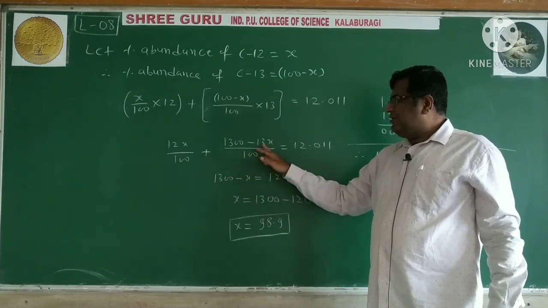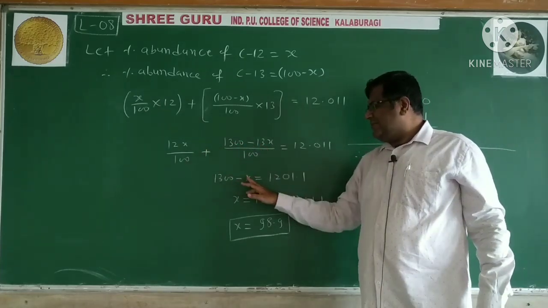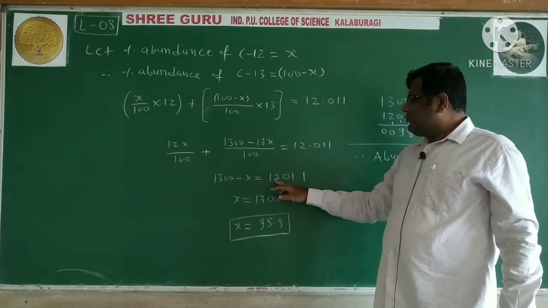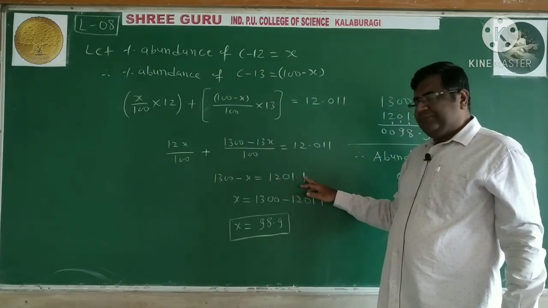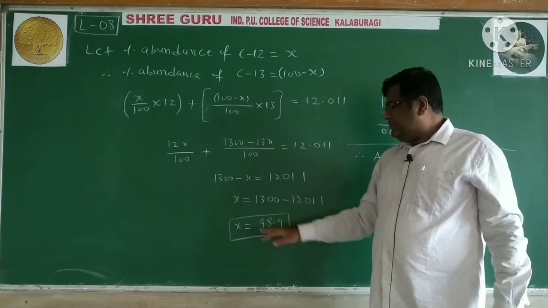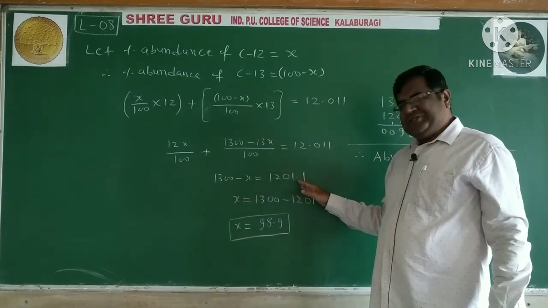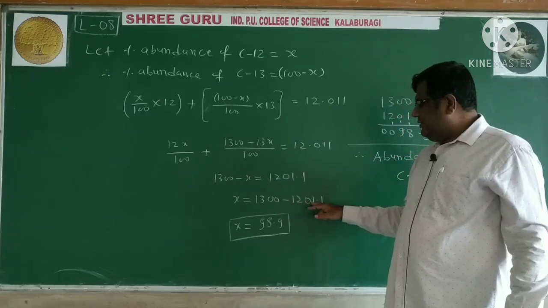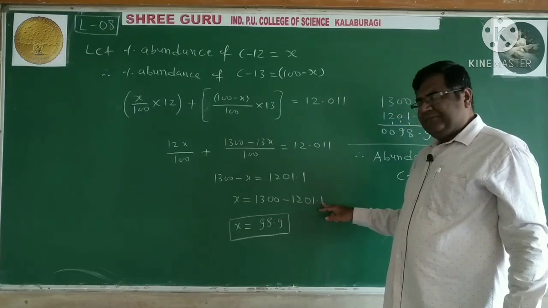1300 minus 13x plus 12x is minus x, and this 100 will transfer here. So it is 1201.1. So x is equal to, if we transfer it to the other side, 1300 minus 1201.1.